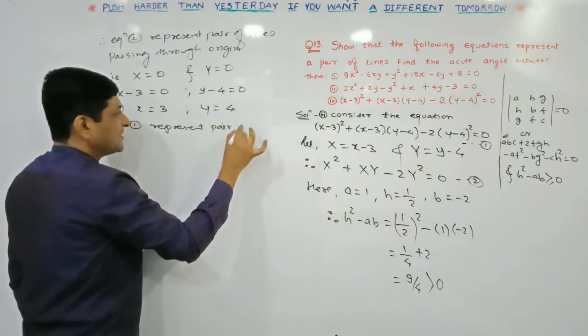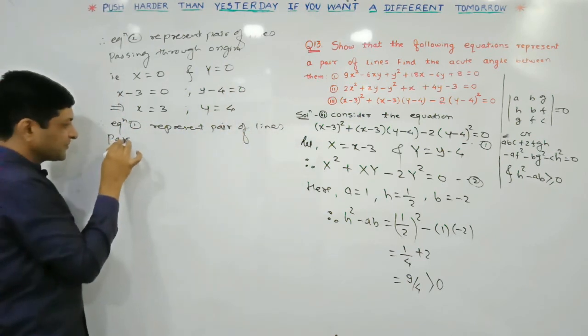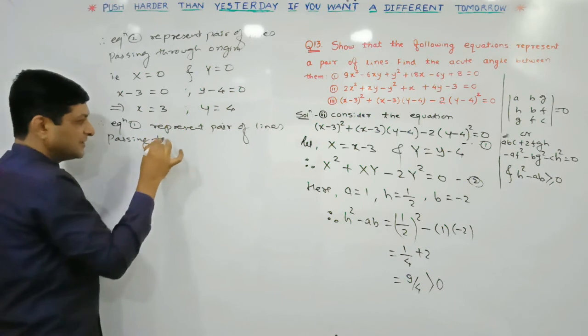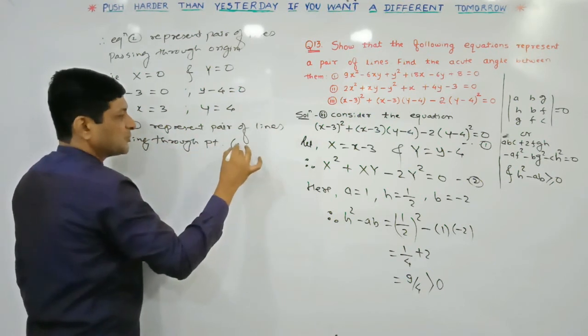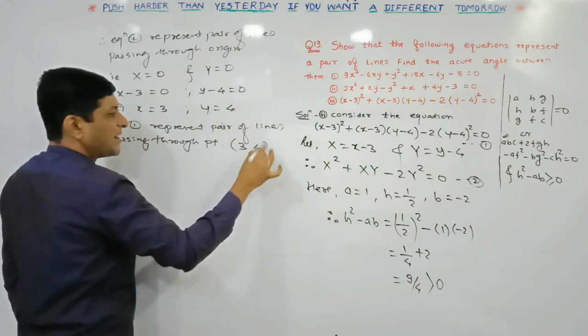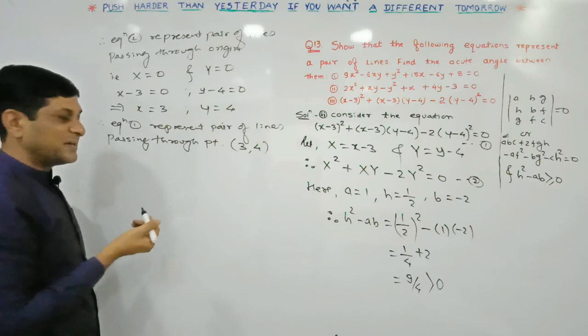So therefore equation 1 represents a pair of lines passing through the point with x coordinate 3 and y coordinate 4. Now I am denoting the angle between the lines by theta.